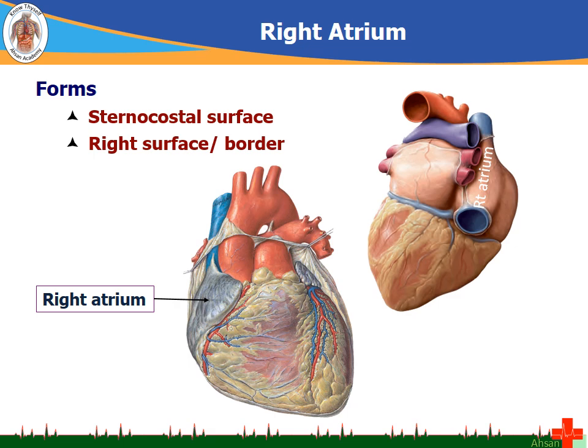The right surface of the heart is also known as the right border, and this forms part of the base. The black arrow is showing the right border. This black continuous arrow line is showing the base of the heart.